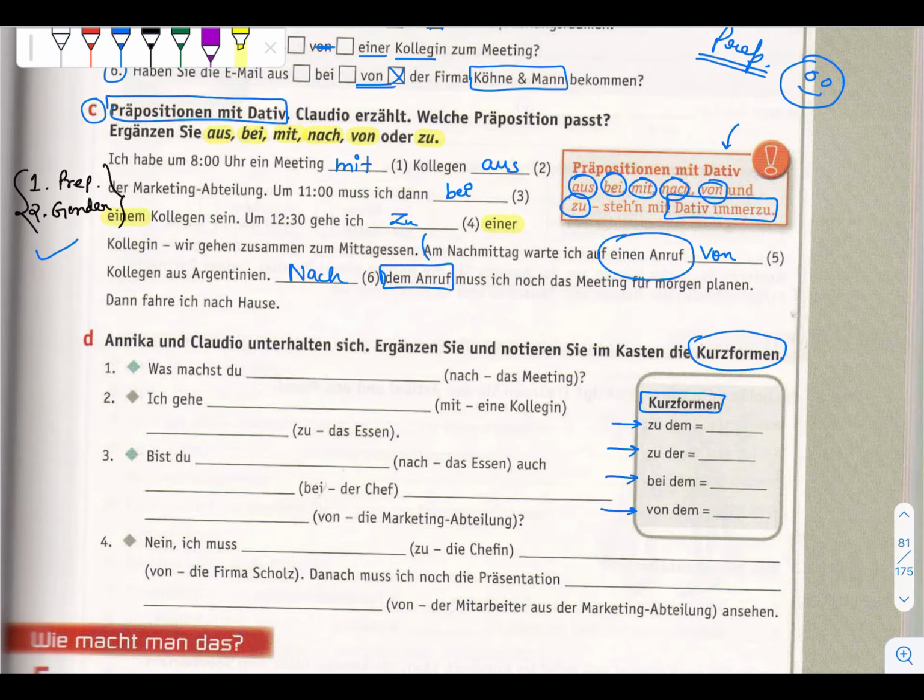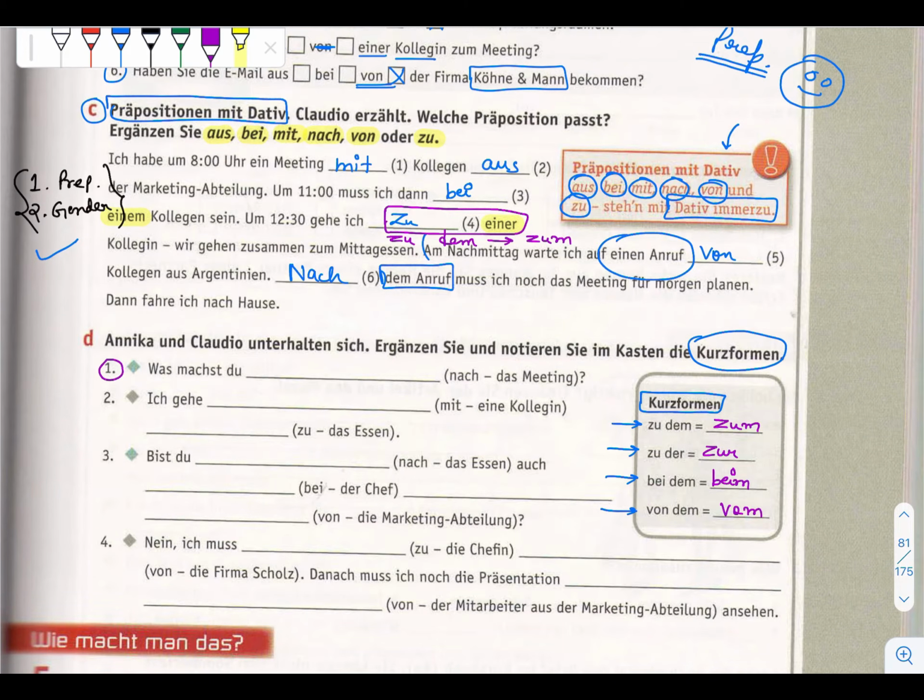For example, zu dem, we can write zum. And zu plus der, we can write zur. Bei plus dem, we can write beim, B-E-I-M. And von plus dem is vom. It's a short form.